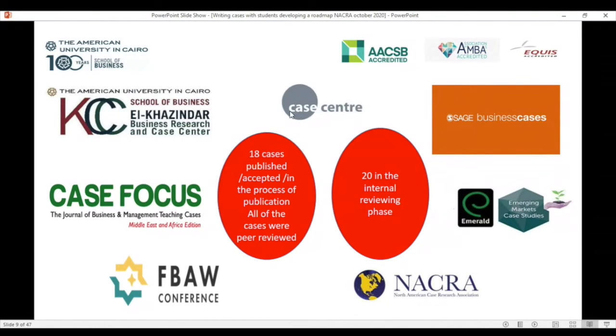The case center does not require peer review, but all of these cases are reviewed by an external editor through the case center. 4 cases were accepted also at the Sage Business Cases, and another 3 are within the acceptance process. 2 cases are in the final review stage at Emerald Emerging Markets. 2 cases are presented here at the NACRA conference, and I have another 2 cases which will be presented during the Family Business in the Arab World Conference.